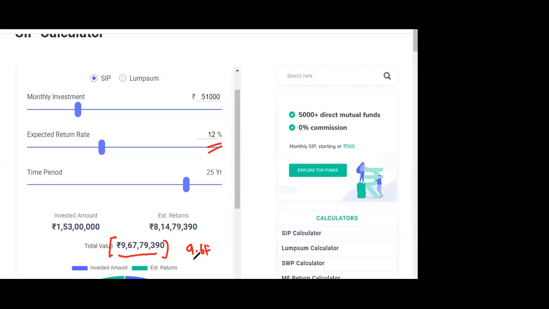Clear? If you keep 7 crore in fixed deposit, can you survive just on the interest after 50 years?